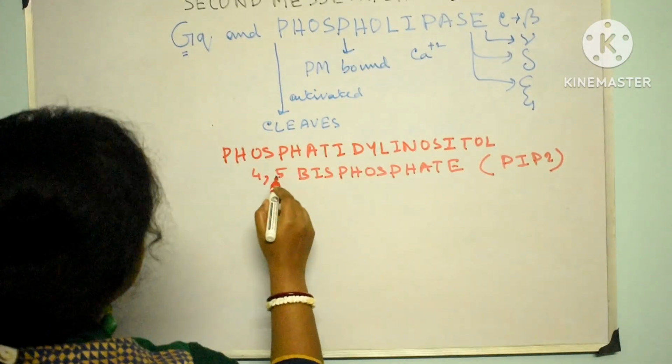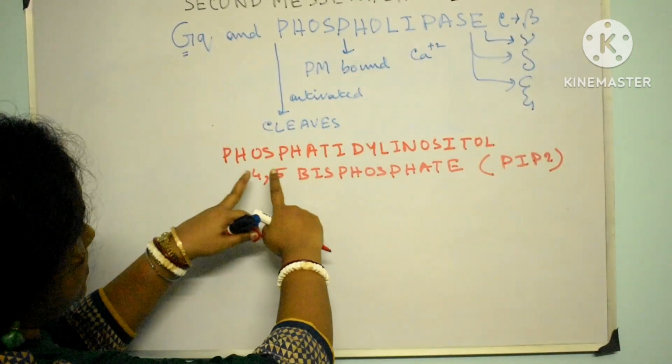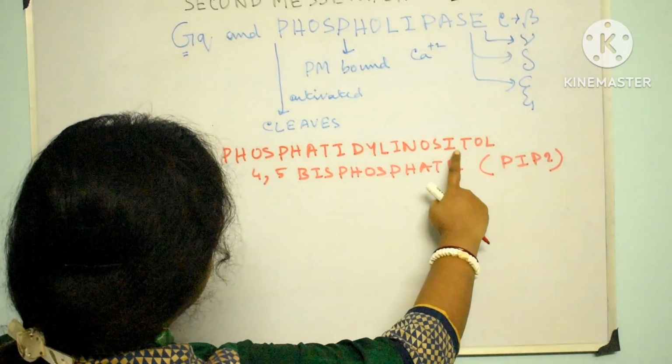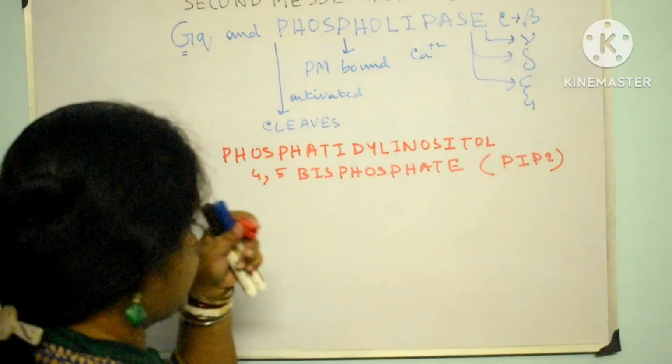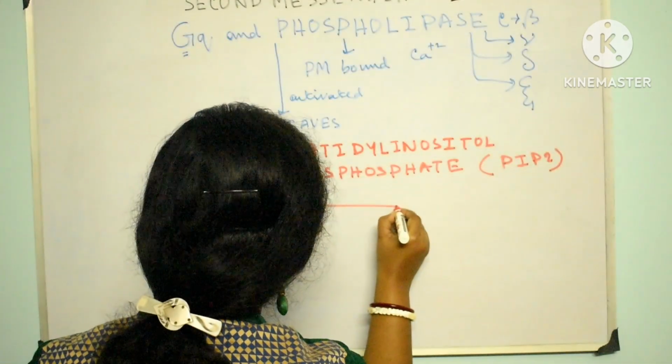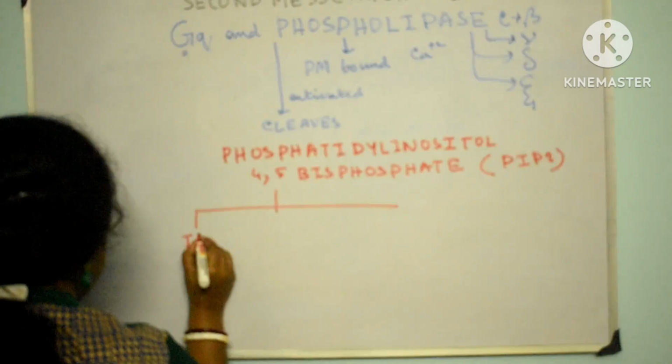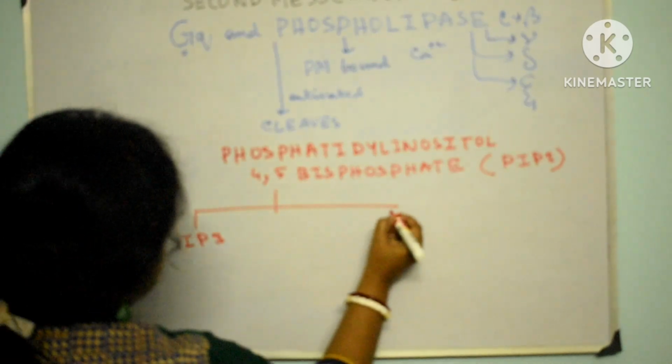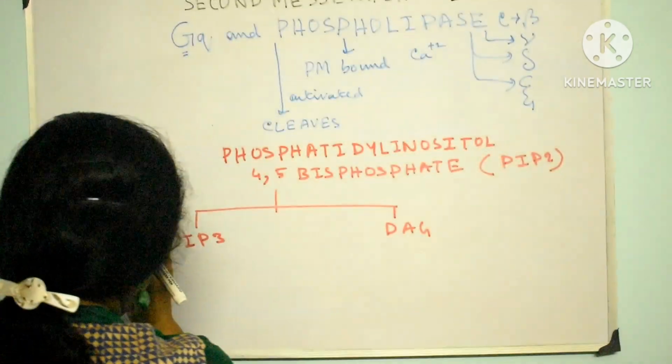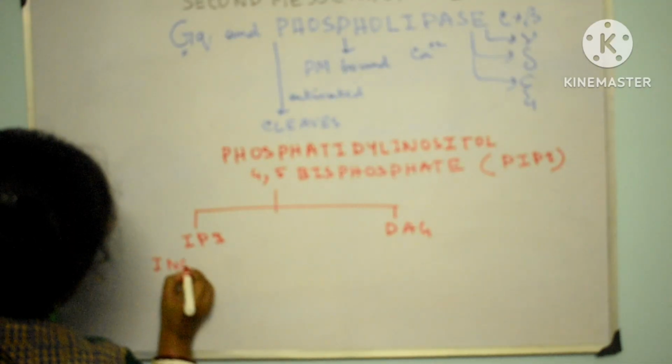After this cleavage, phospholipase C beta cleaves this phosphatidyl inositol 4,5 bisphosphate, and what will be generated after this cleavage? It will give rise to IP3 and DAG.